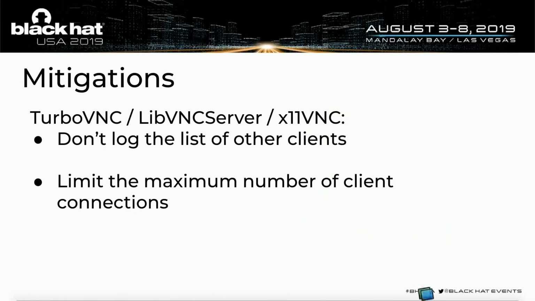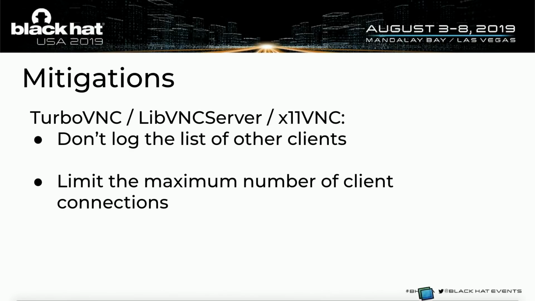So we went through the responsible disclosure process with these VNC servers, and some of the solutions we came up with were, first, an algorithmic change, so just not logging the list of other clients. The reason for this was that we had enough information from other things in the logs, when clients were connecting and when they were disconnecting, to recreate this list of other clients if we ever really needed it, without printing out 800 IP addresses at one time.